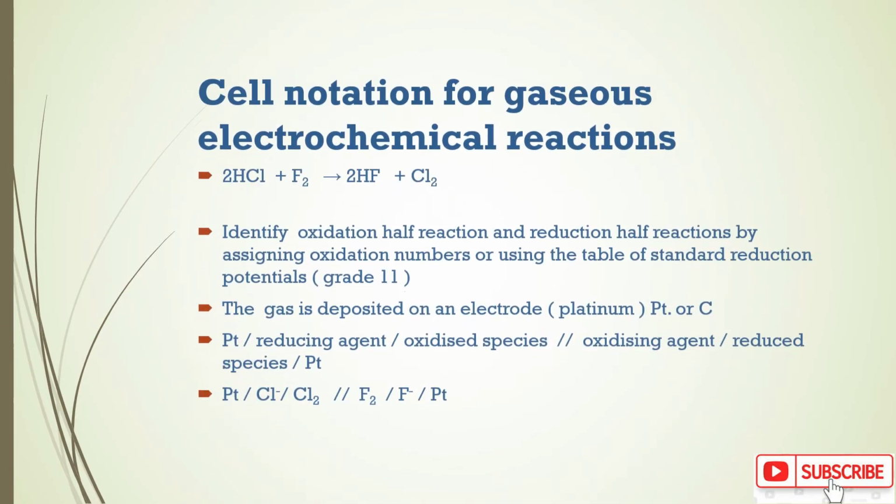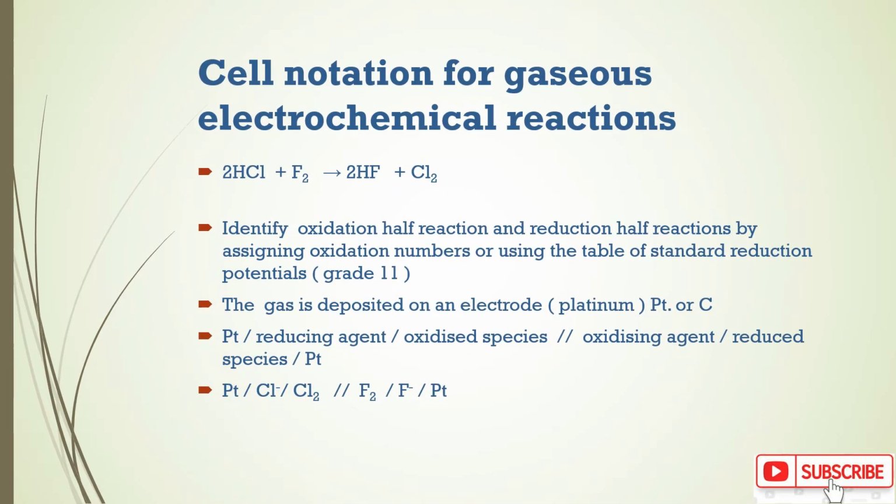Another example, if we have 2 moles of hydrogen chloride reacting with 1 mole of fluorine gas in order to have 2 moles of hydrogen fluoride plus 1 mole of chlorine gas.